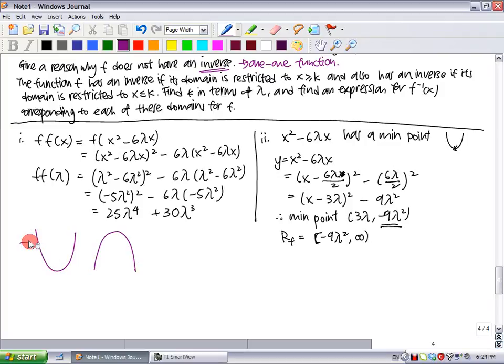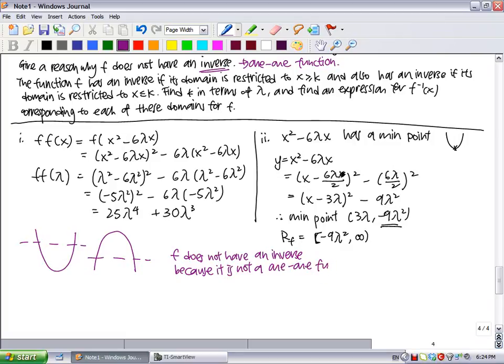If you carry out the horizontal line test, you notice that it cuts more than 1 time. So actually f does not have an inverse, because it is not a 1-1 function.